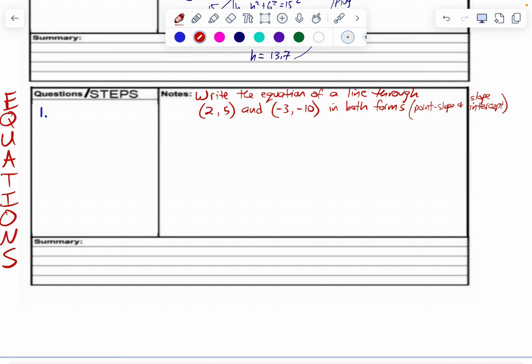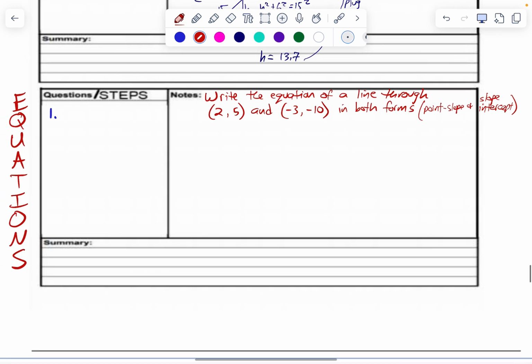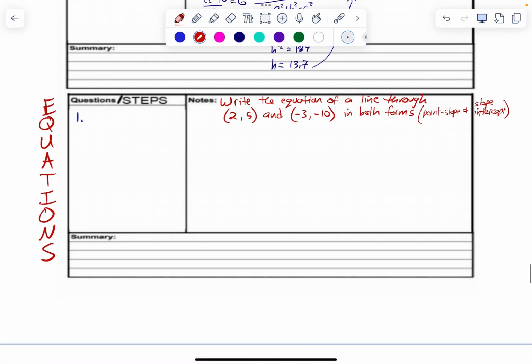At least the way I teach, and you can do it differently if you have learned it differently, I teach you to write it in point slope first, because then you have an equation right away. And honestly, in my calculus class, we don't really deal with slope-intercept form at all. And so if we're doing that level of math without slope-intercept, I feel like we're good if we can do it here too, right? Just work with point slope. The thing is, sometimes during testing, you'll still run into slope-intercept form. So your first step is to find the slope.